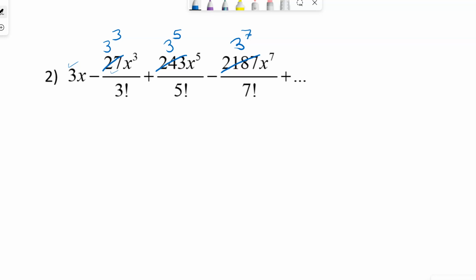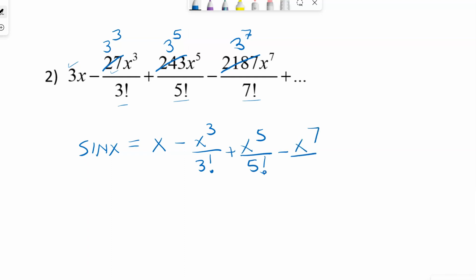Sure enough, it did. Well, the only one we know that has these odd factorials is the sine one, right? So if I think about sine of x, I'm going to have the first couple terms for this. You'll notice that we pretty much match up completely. The only thing that we differ by are these numbers.